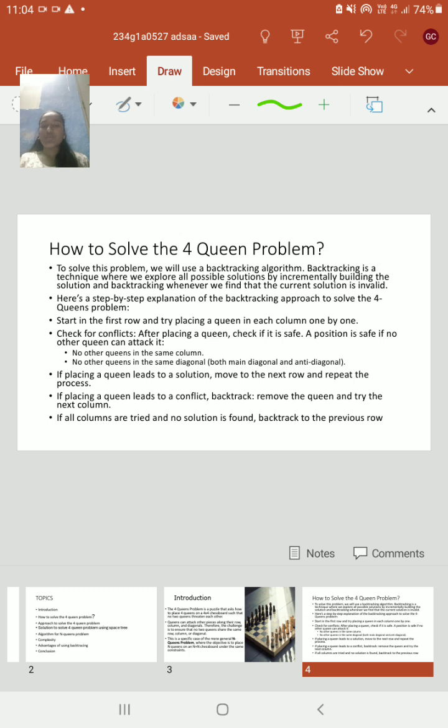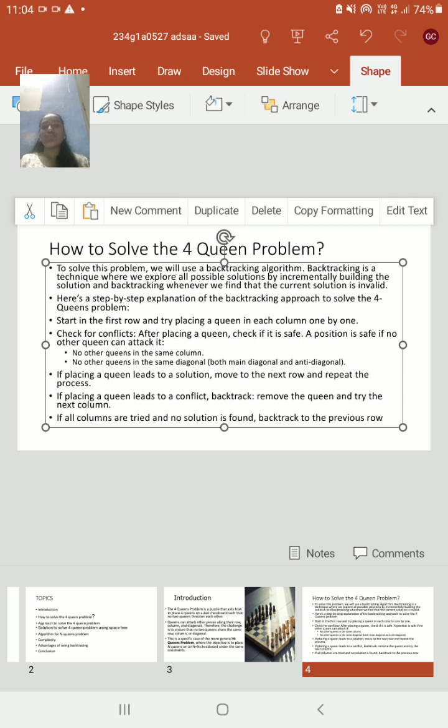If you place q3 in the second column, we already placed q2 in the third column, and q3 and q2 will be on the diagonal, so we can't place q3 there. If you place q3 in the third column, q2 is also in the third column, so we won't place q3. If you place q3 in the fourth column, q2 and q3 will be on the diagonal, so we can't place q3. So now what do we have to do?